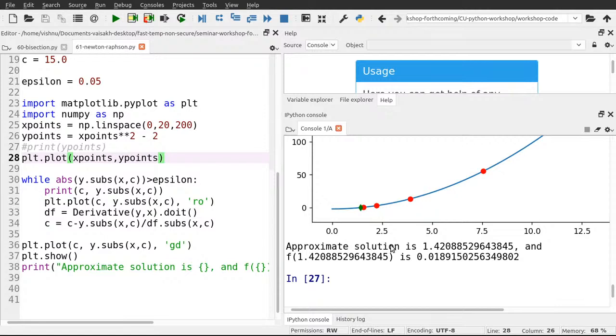I think this program is quite simple and very easy to understand. It's not at all complicated, and I think fewer steps are taken compared to the bisection method.